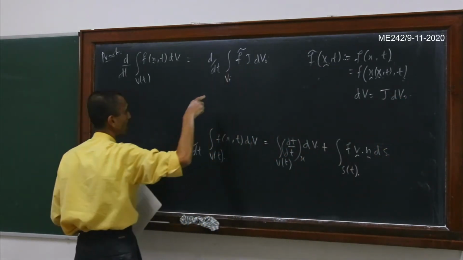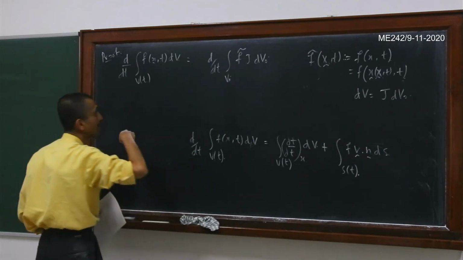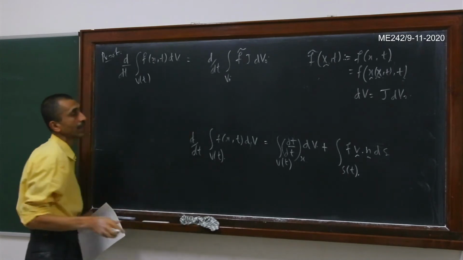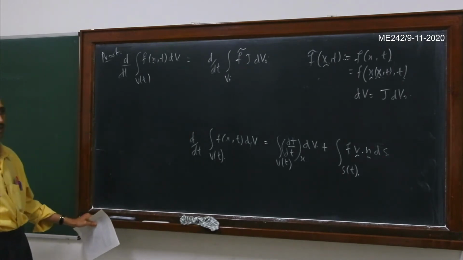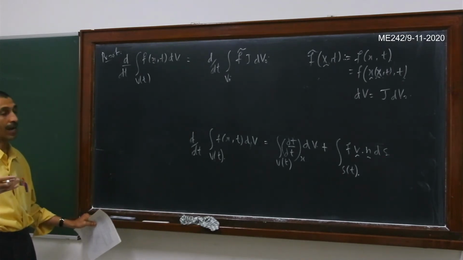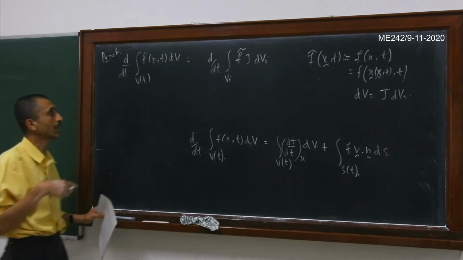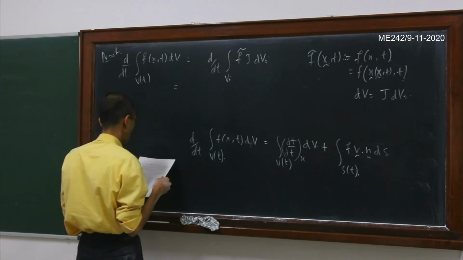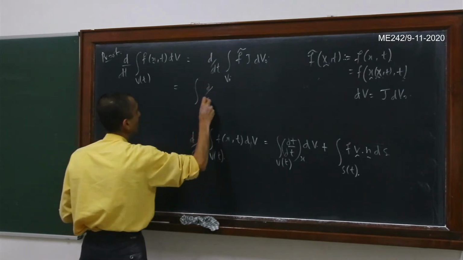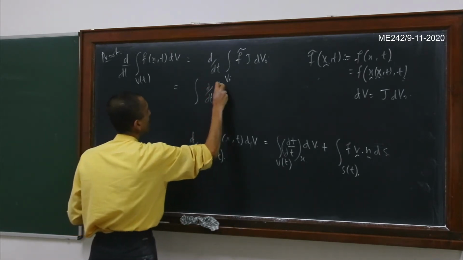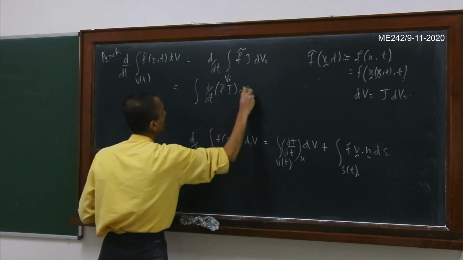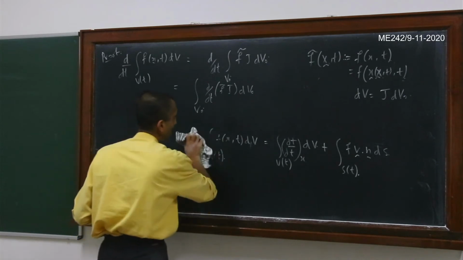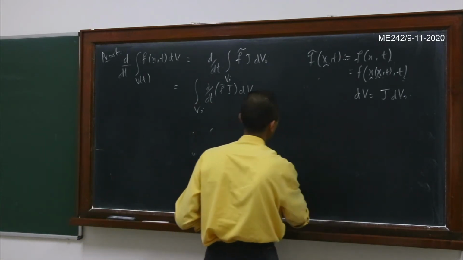What we have done is transform the integral from v of t to v naught, and v naught is a fixed material volume because that is at time t equal to 0. So you can now take the derivative inside. This is equal to the integral of del by del t of f tilde times j times dv naught over v naught.